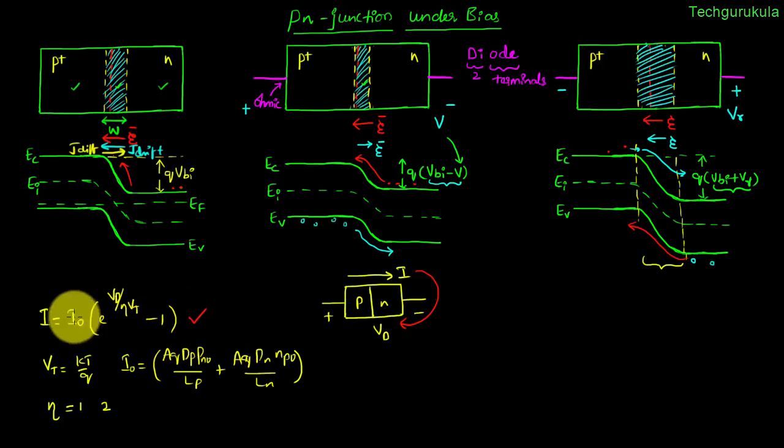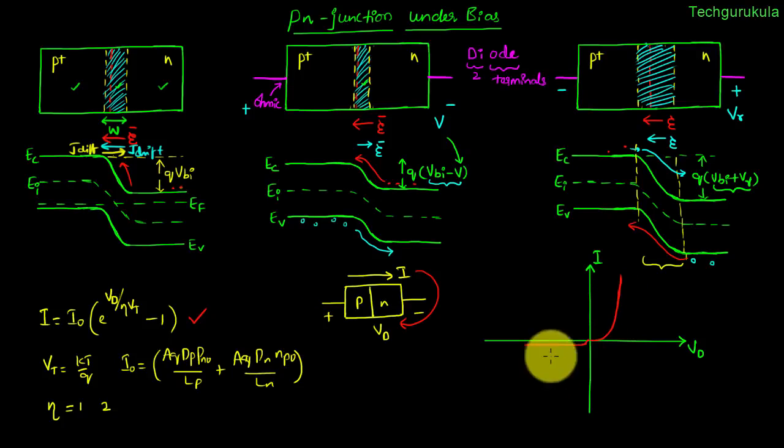Now let us see how this equation basically looks graphically. This is how the characteristics would look like. When Vd is positive, let's say Vd is very small, in that case the fraction Vd over eta Vt, if it is small, then this overall value would be small.